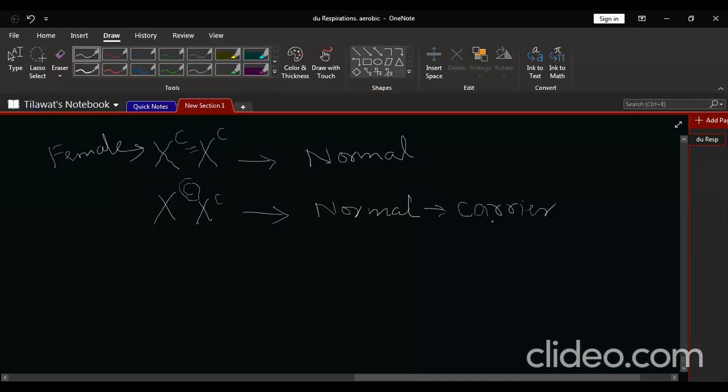It means she has no problem with color differentiation.